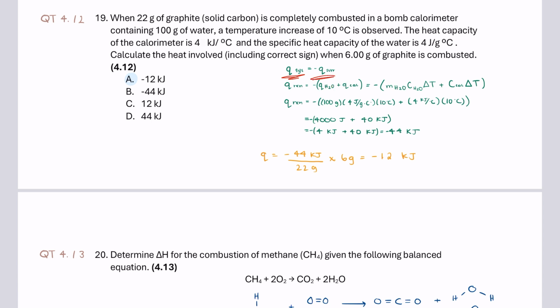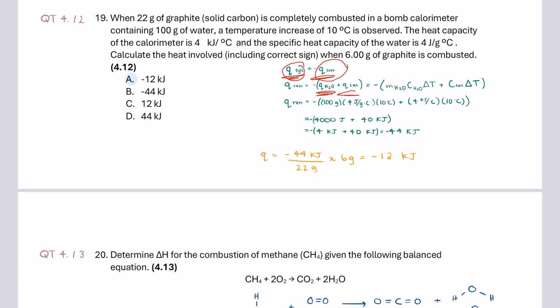So we can say the heat of the system equals negative heat of the surroundings. To find how much heat the surroundings absorbed, we need to calculate the heat absorbed by both the water and the calorimeter and add those together.